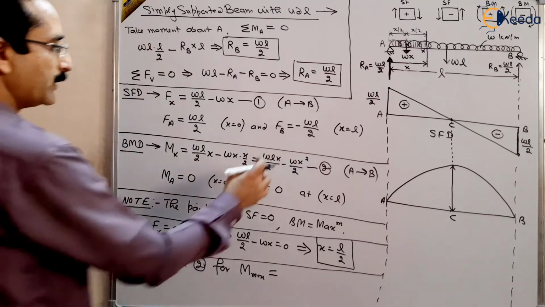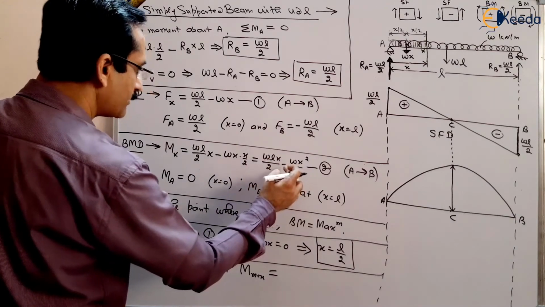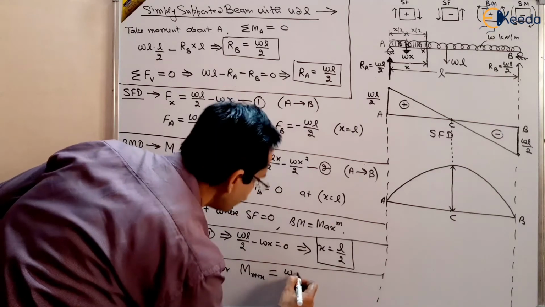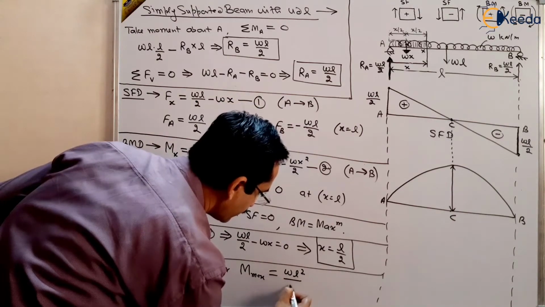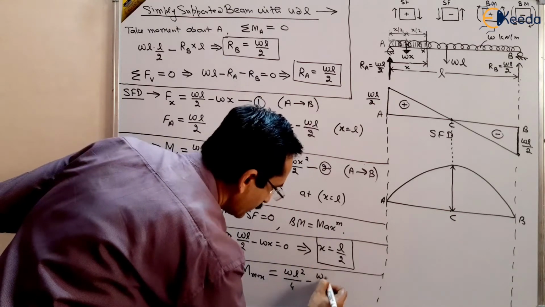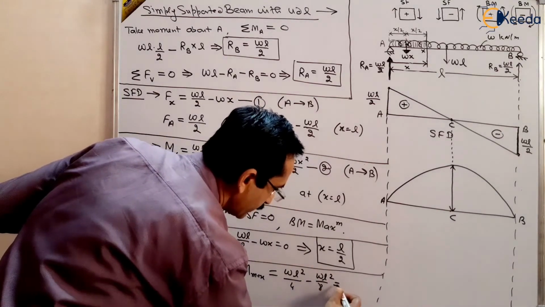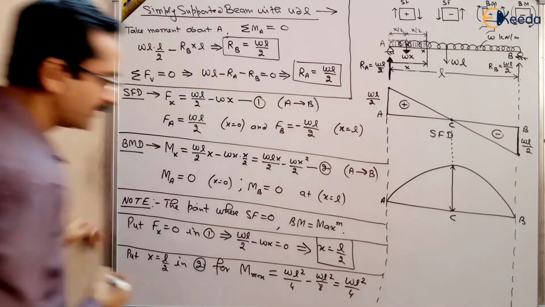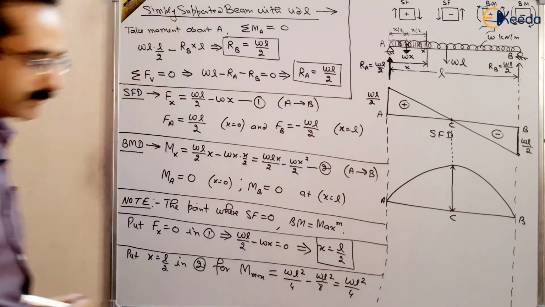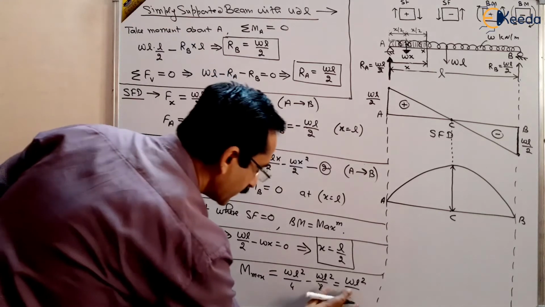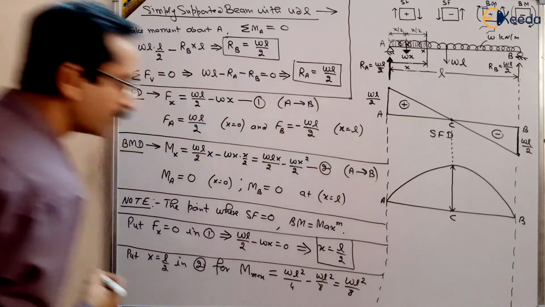That will be equal to WL square by 4 minus WL square by 8. So this will be WL square by 8, 4 minus 8... right, WL square by 8.